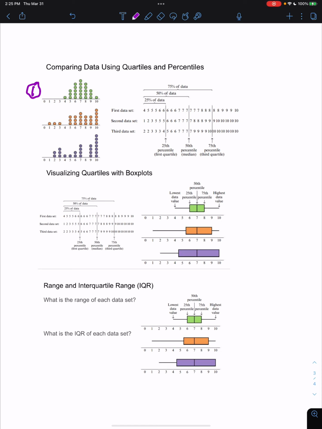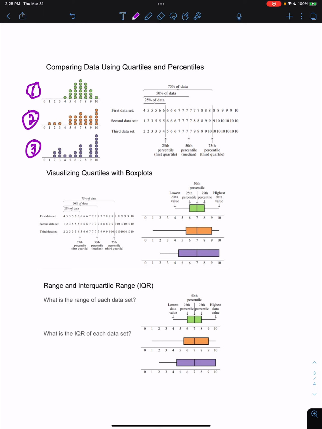So here is data set 1 in the green, 2 in the orange, I guess that is, and 3 in the purple. And these are dot plots, and you can tell a lot from dot plots, right? We can tell that number 1 has kind of a symmetrical shape. Number 2 is kind of a little bit left skewed.